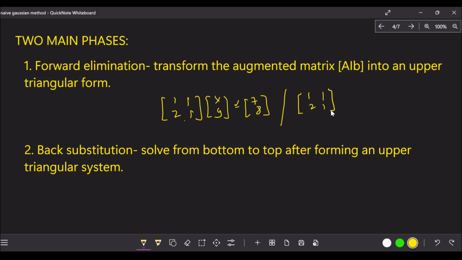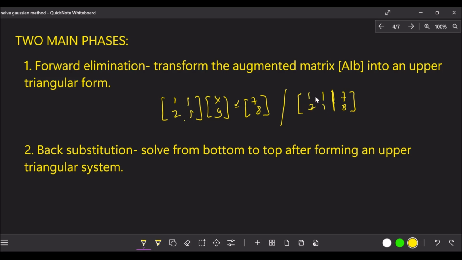We drop the x and y, and we put a sort of bar, in which we put the constants. So we now have the augmented matrix.